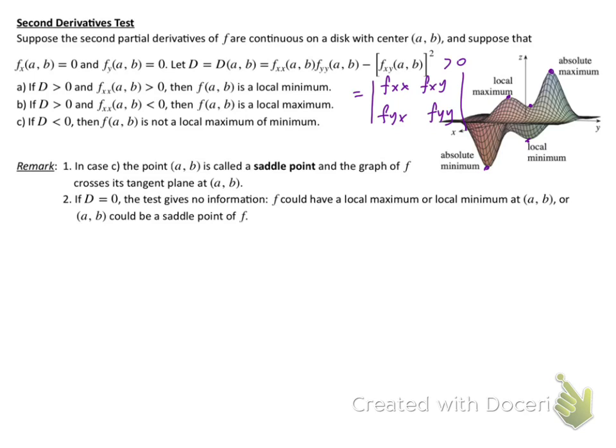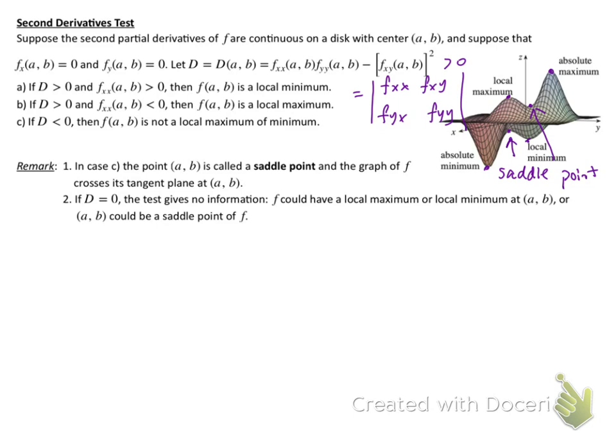And here, when you look at its left and right, it's actually the highest point, but if you look at its front and back, it's actually the lowest point. These kinds of points are called saddle points. So this one is also a saddle point. D less than 0, you get saddle points.